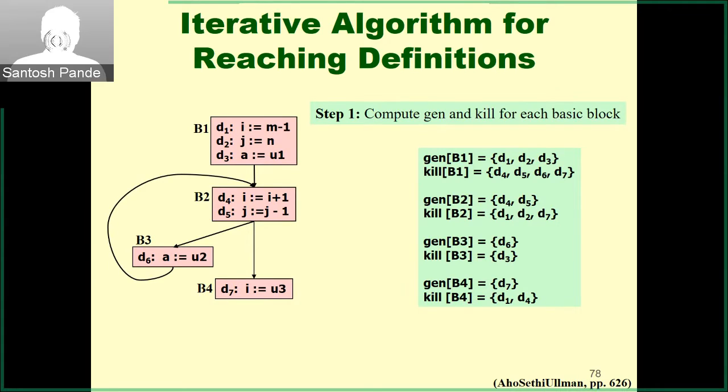Think of what will happen on the generated sets. That's the way to think about the implication. So let's say you introduce here star P and you introduce a new definition of I there, and the gen set now has a new definition of I. Now, because of this new definition of I, you generate a kill set based on this I, which wasn't present earlier in the gen set, and you kill all the incoming definitions of I there.